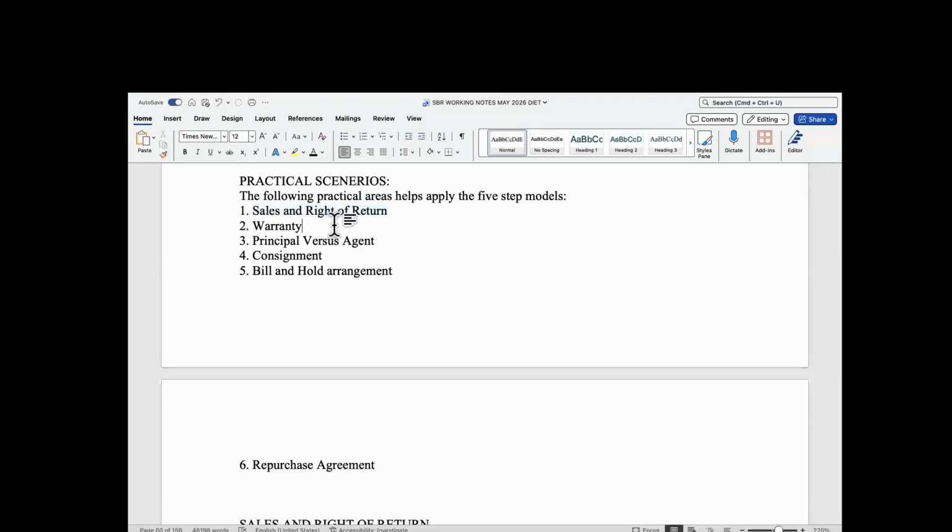Also is warranty. There is a standard warranty or assurance related warranty, and there's also service related warranty. There is usually this warranty that comes with a product that is there to say that we assure you that this product will perform up to specifications.